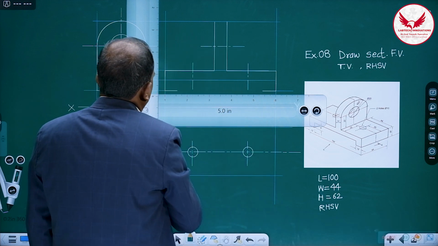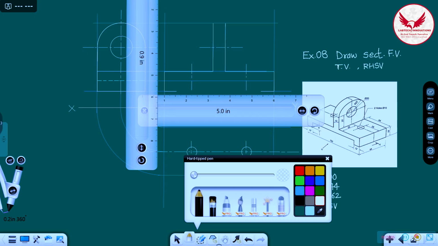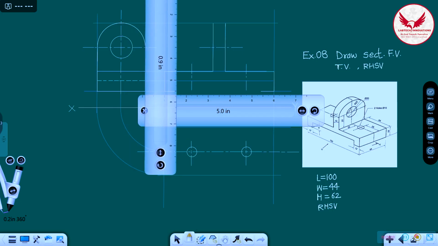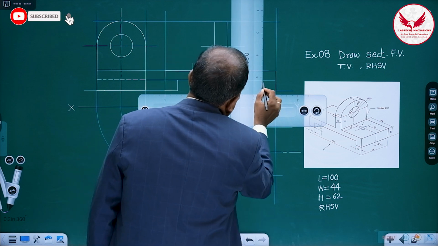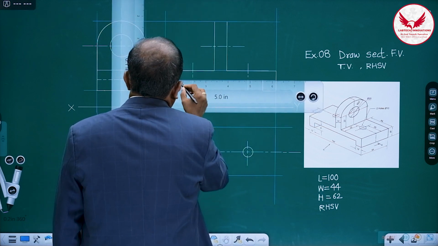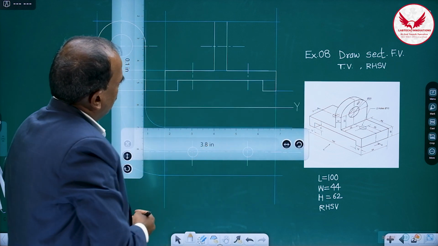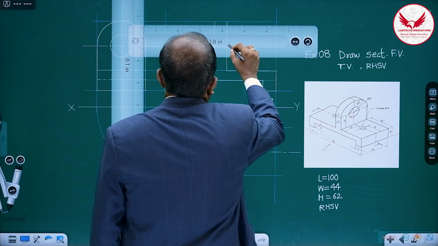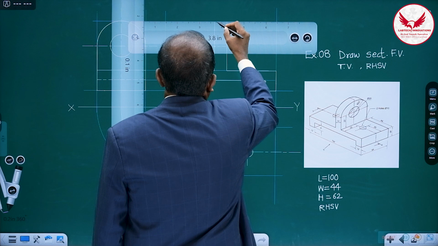So we'll have to erase that portion and then complete this part. It's 12, and on this side it is 12, and this one. Similarly, this topmost is the visible part of this object.